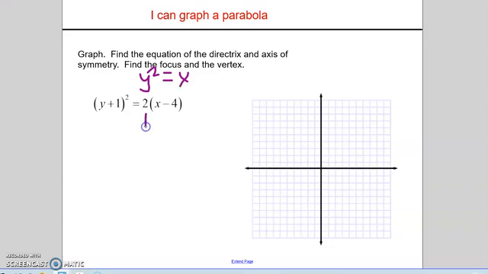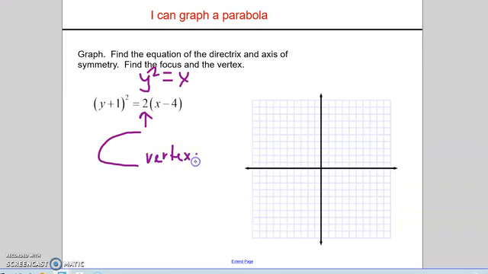In this case, this is positive, so that tells me this parabola is going to face to the right, like this. So when your p-value is greater than 0, it's going to face to the right. All right, so what else can we tell? Well, we can get the vertex from here.